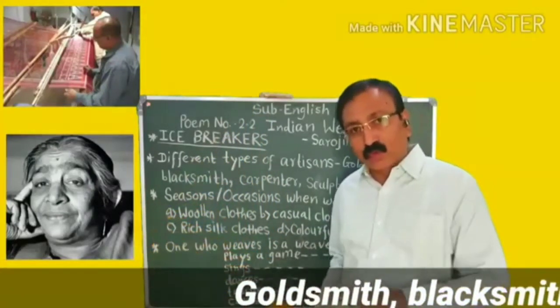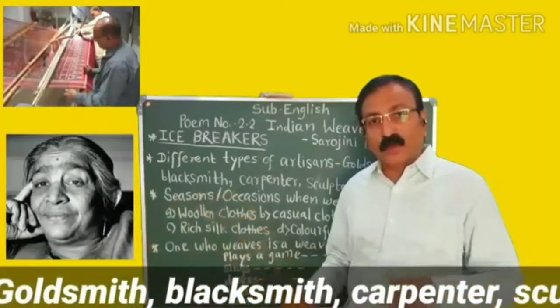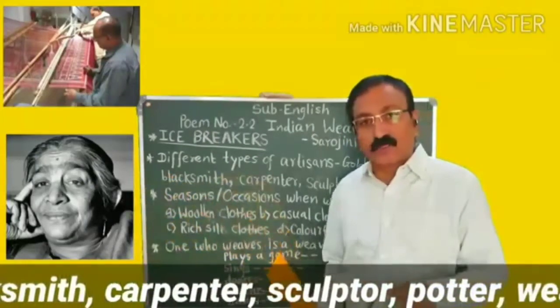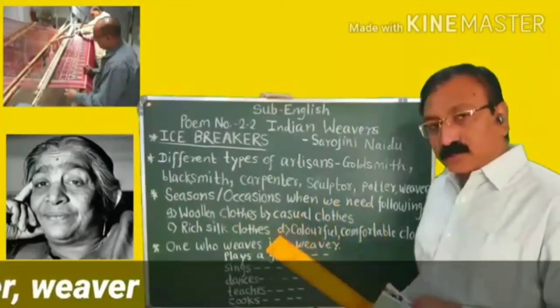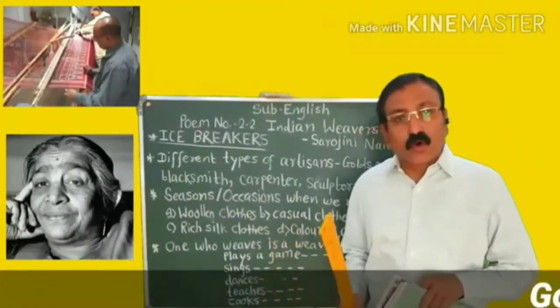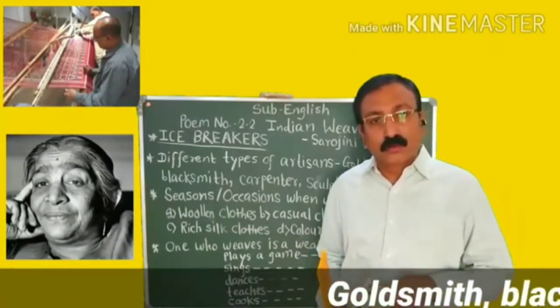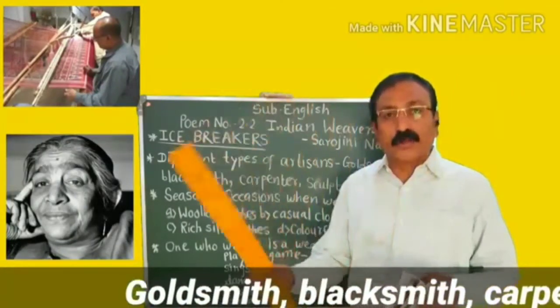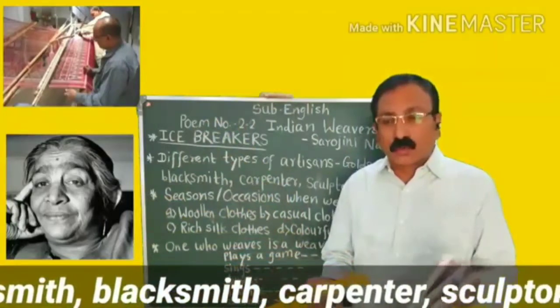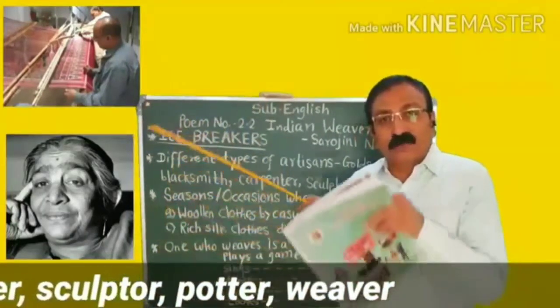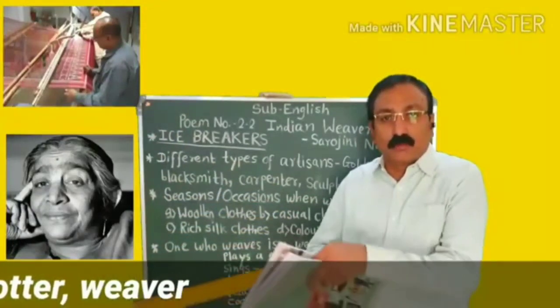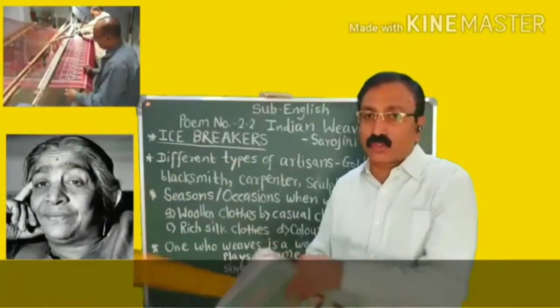In our house also, we have different kinds of items of furniture made by a carpenter. Sculptor. So, what does the sculptor do? They remove unwanted parts of the stone or other material and they create a beautiful sculpture from that particular stone.